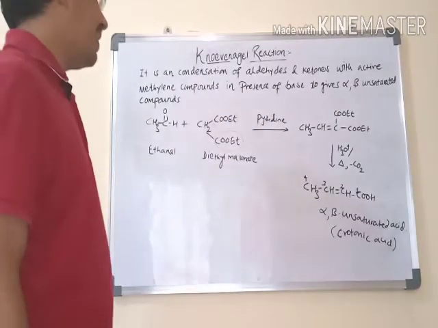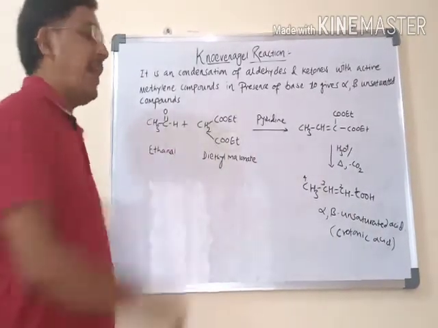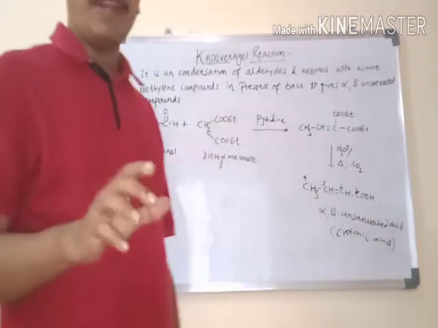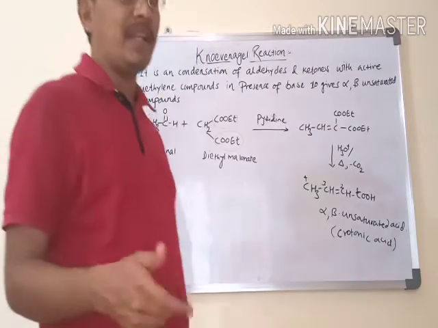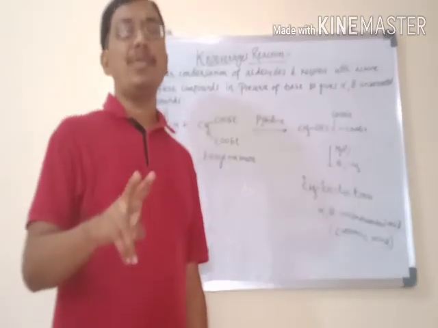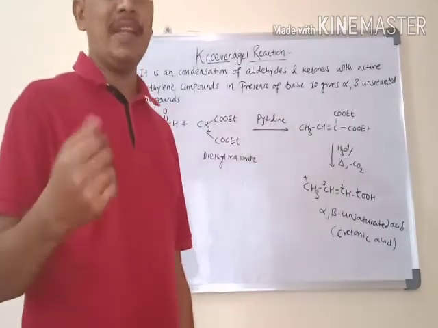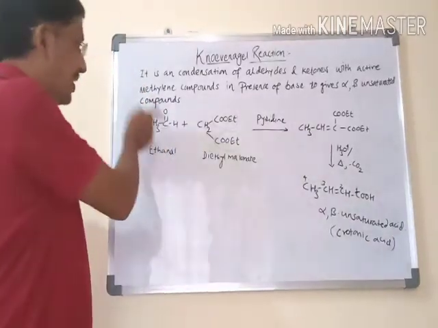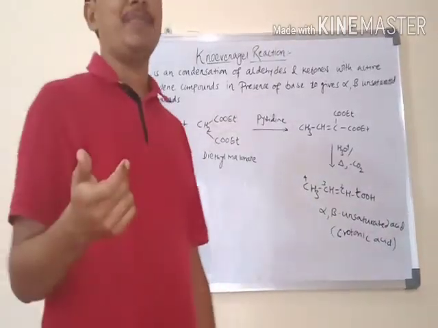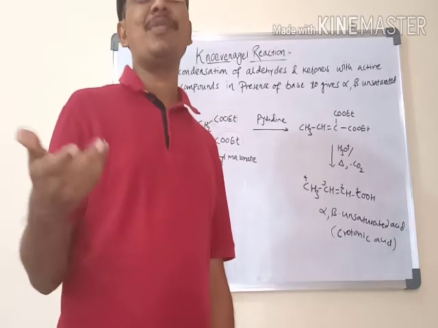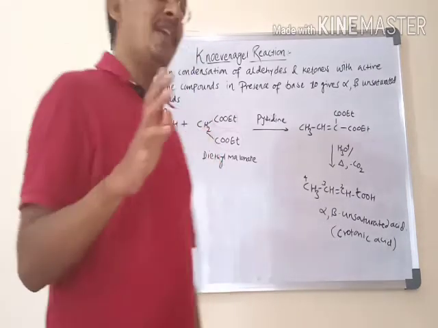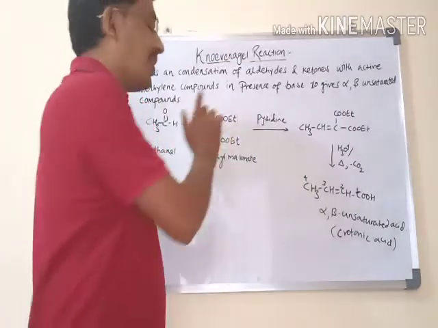Now, either there is a possibility of self condensation of acetaldehyde like aldol condensation. As we know, in aldol condensation, two molecules of aldehydes containing alpha hydrogen, like acetaldehyde, may undergo condensation to give the aldol in presence of base, but here it does not undergo aldol condensation.